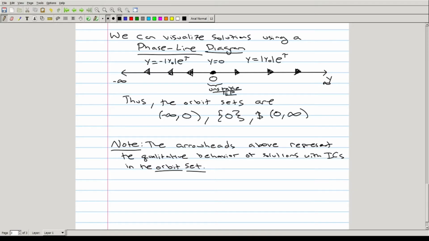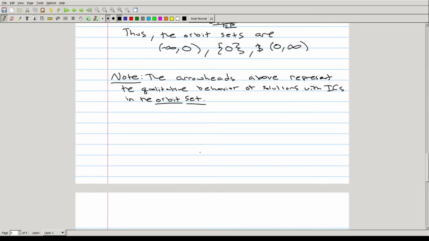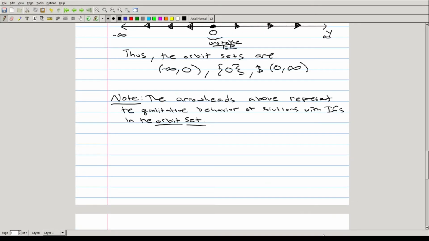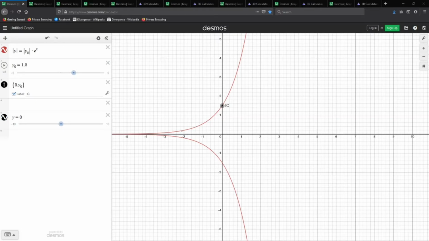We can make even more sense if we go forward and maybe do a plot of the exact solution here to see how the solution to this differential equation is behaving. So recall that for the exponential differential equation, we get in general, depending on where the IC is, two different orbit sets.